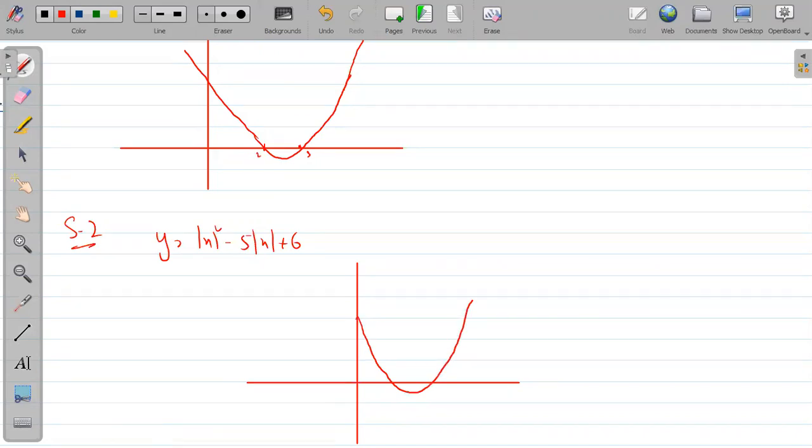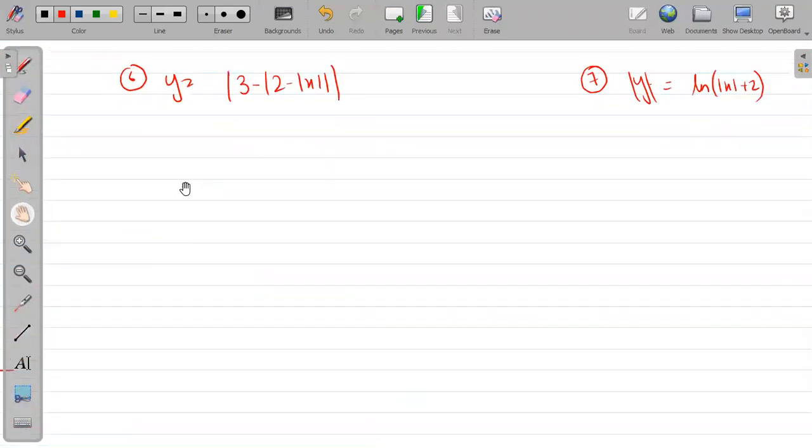Here I am writing like this. You are getting a graph like this, right? It's 2, 3, minus 2, minus 3. If you put 0 here, you get 6. So this is the graph you will get. I hope it is clear to you.